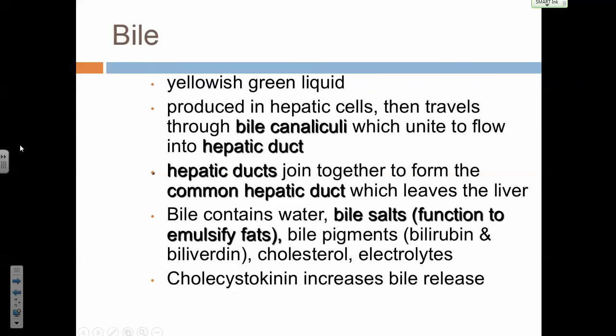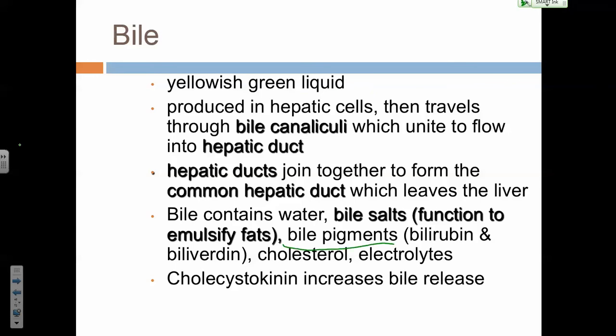That destruction occurred at the liver, and from the red blood cells the hemoglobin was pulled out, and from the hemoglobin the heme unit was pulled out and was converted to biliverdin and bilirubin. Biliverdin and bilirubin are some components of bile, and that's what gives bile its greenish yellow color. And those are the byproducts of hemoglobin breakdown. So when it says bile pigments, that's bilirubin and biliverdin.